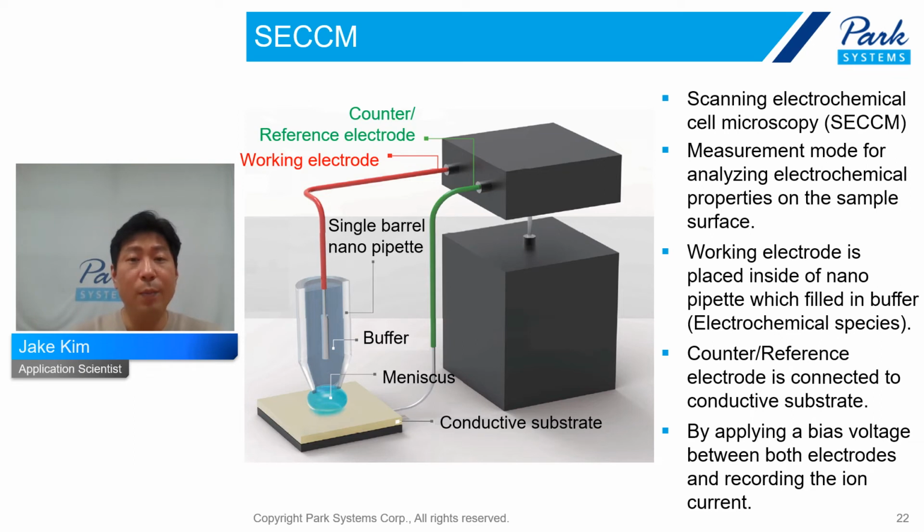Unlike other pipette-based SPM techniques, such as SICM or SICM-SECM, SECCM utilizes an electrolyte-filled nanopipette to make meniscus contact with the sample surface, creating an electrochemical cell at the end of the nanopipette, so that measurement in ambient conditions is possible.